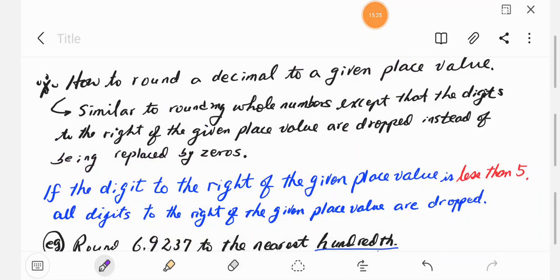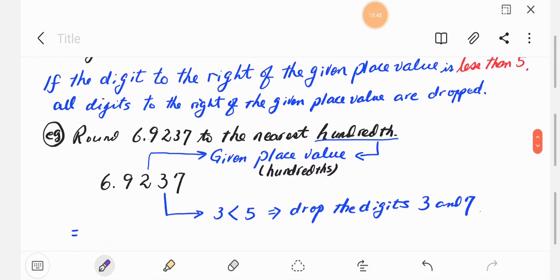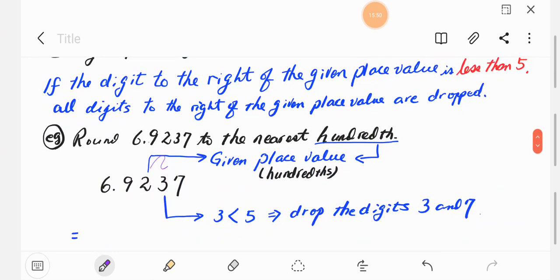Okay, now let's check how to round a decimal to a given place value. This should be similar to rounding a whole number, and the only difference is that in this case the digits to the right of the given place value are dropped, instead of writing zeros. For example, look at this number. We want to round 6.9237.